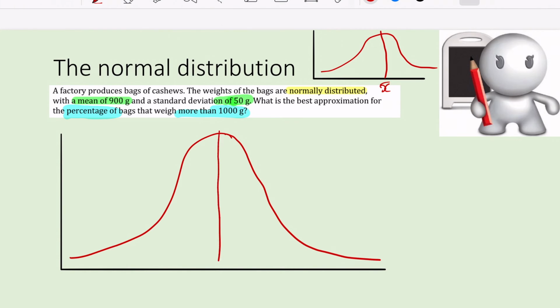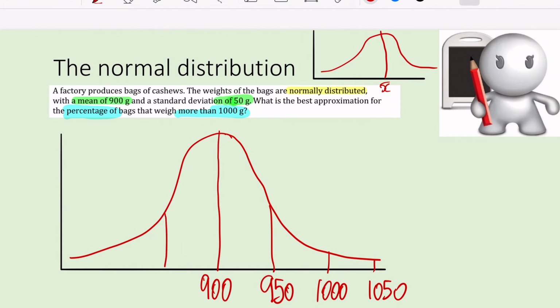In the middle of it, I've got my mean, which is 900. As mentioned above, we always go 3 standard deviations above, and each standard deviation is 50, so it's 950, 1,000 and 1,050. On the other side we're going to go 3 standard deviations below, so let's take away 50: 850, 800 and 750.